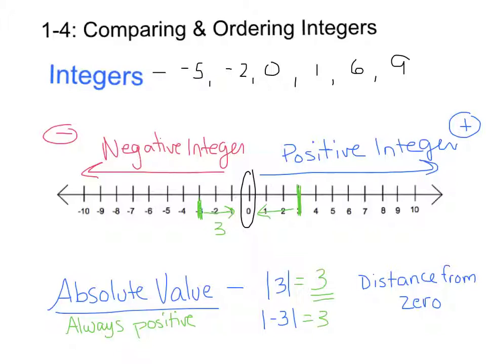This is important because if I talk about opposites, an example of this would be 3 and -3. The absolute value of each of these numbers is the same exact thing. So the opposite is basically when I have the same numerical part, but one's going to be positive, one's going to be negative.